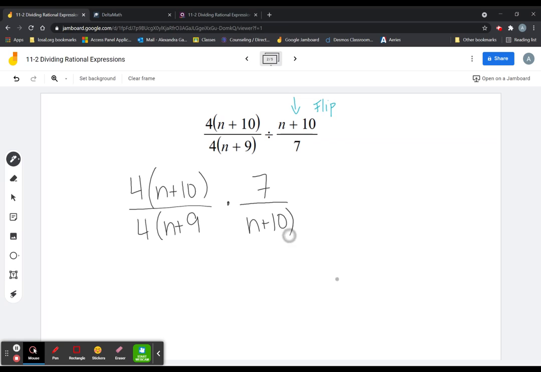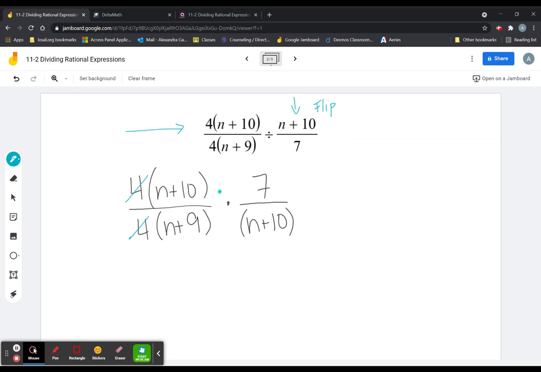And why don't I just write it in parentheses to know that I need n plus 10, the whole quantity here. So I move from left to right, just identifying if there's something in the numerator and the denominator. So like 4 cancels with 4. Then n plus 10.